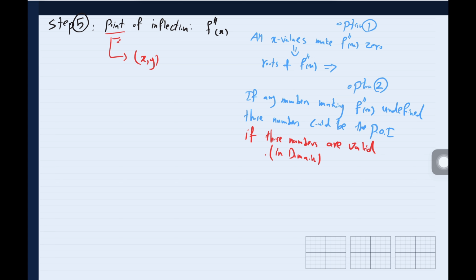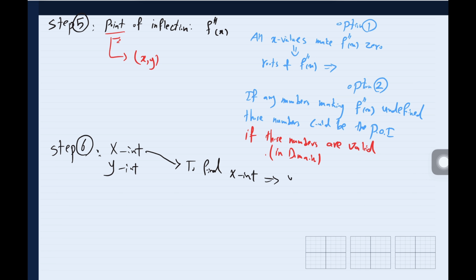And as the last step, which is step 6, I have to find any x-intercept and y-intercept. As you know, to find x-intercept, you have to set y equal to 0, then you're going to find all x-intercepts.